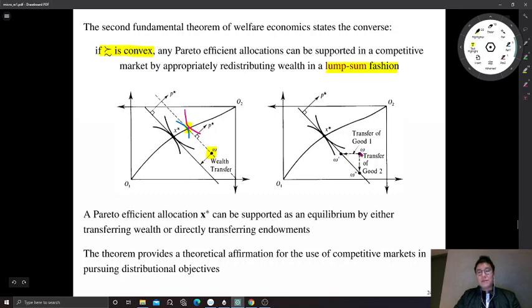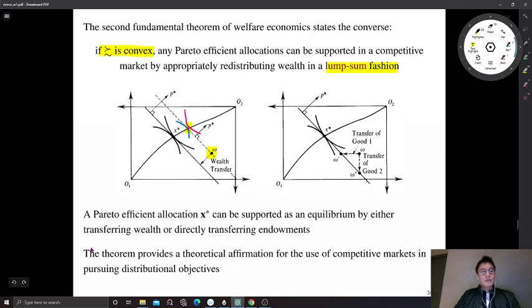Or he can transfer some of his good two, which will result in a vertical shift like this. In either case, now let the market work. Then we have this budget line, so the desired allocation X star can be achieved in the same way.